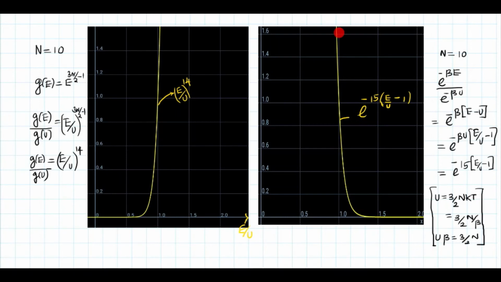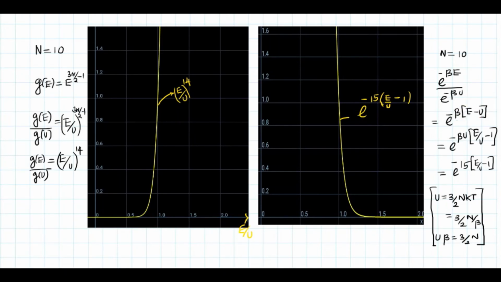Now consider this exponentially decaying graph. It is again for n equal to 10. We are representing on this graph the value of e raised to minus beta e divided by e raised to minus beta u. Then it is e raised to minus beta into e minus u.